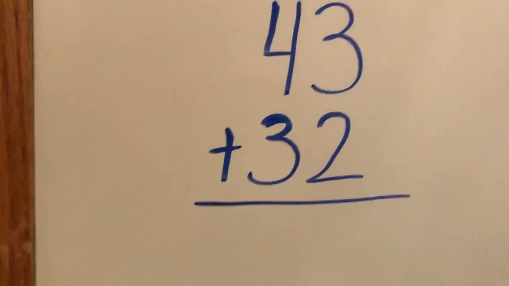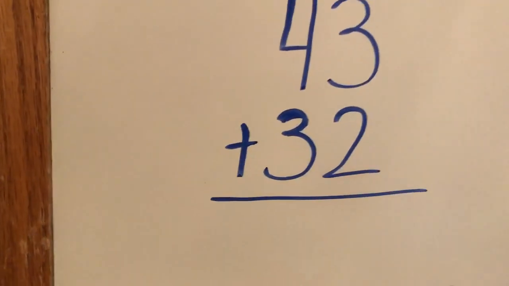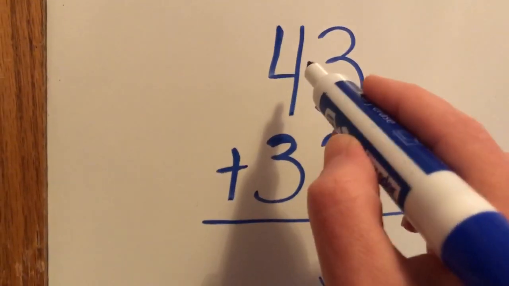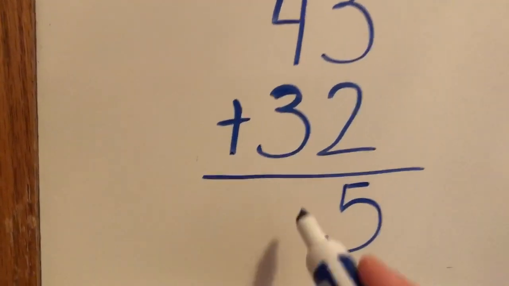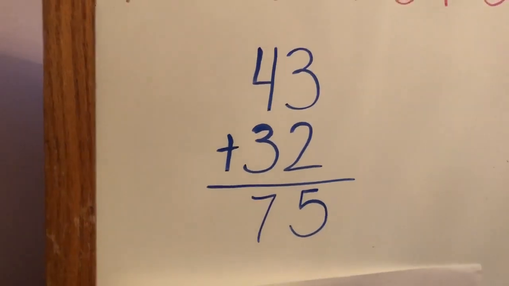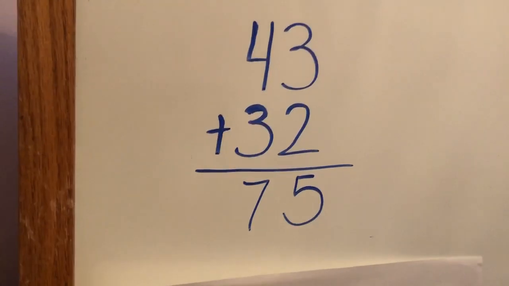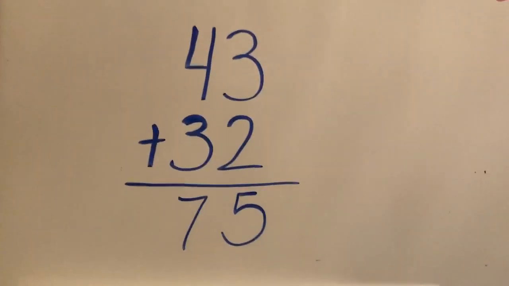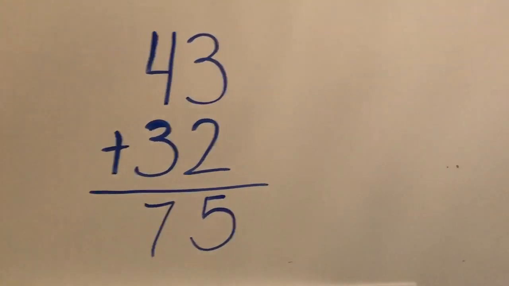Let's add this together. We're going to add our ones. 3 plus 2 is 5. And add our tens. 4 plus 3 equals 7. What's the answer? 75. Very good. Is that less than 100? Yes, it is.